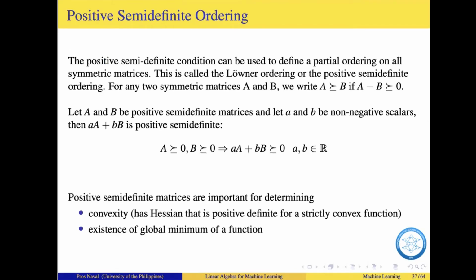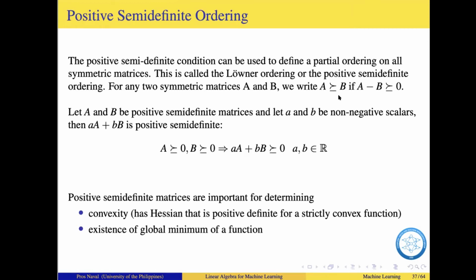Positive semi-definite ordering. The positive semi-definite condition can be used to define a partial ordering on all symmetric matrices. This is called the Loewner ordering, or the positive semi-definite ordering. For any two symmetric matrices A and B, we write A greater than or equal to B if A minus B is greater than or equal to 0.